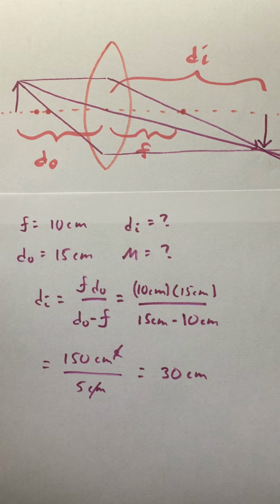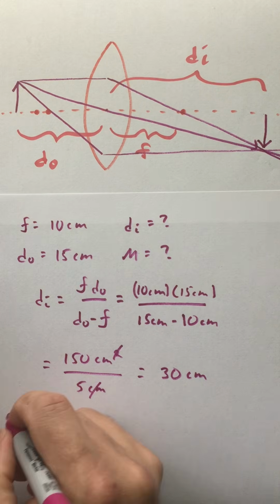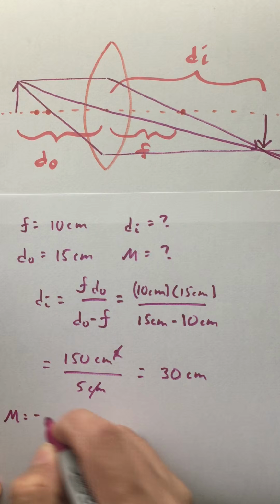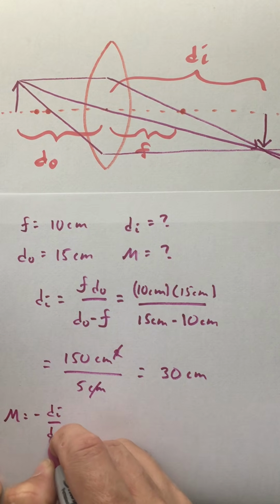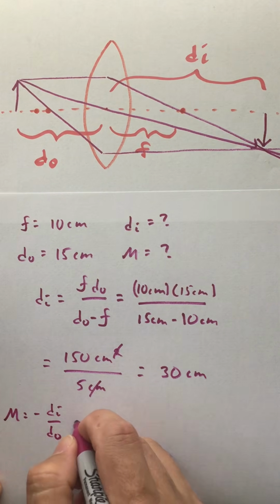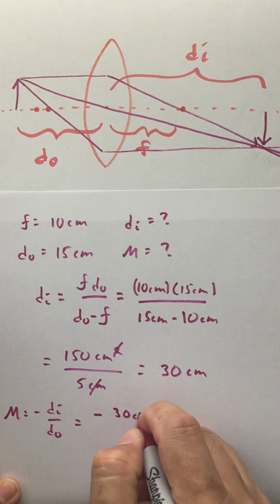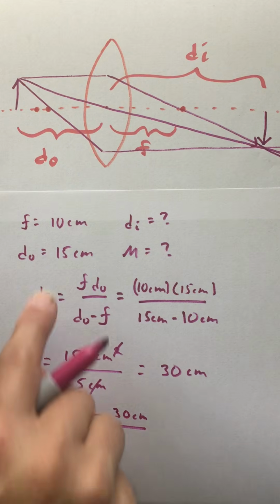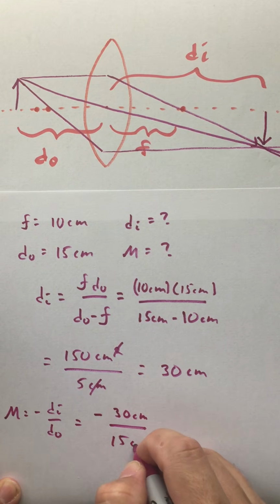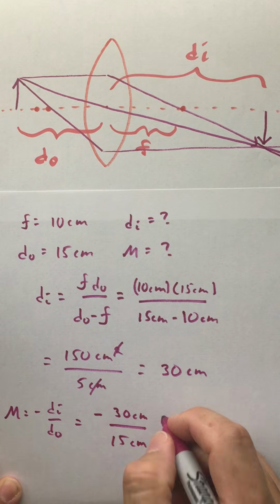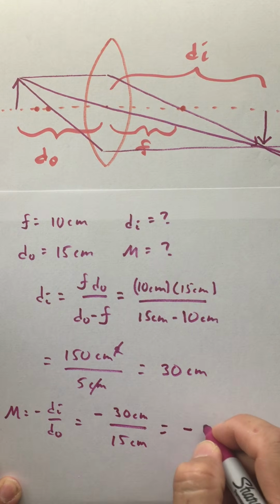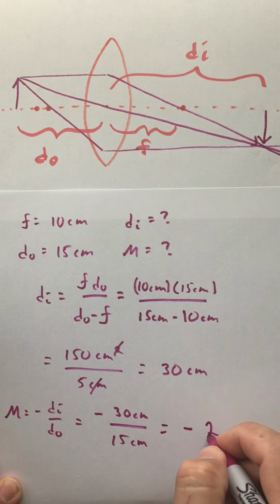Let's do the magnification and see what that tells us. Magnification is going to be minus d to the image over d to the object. That is going to be minus 30 centimeters over distance to the object, which is 15 centimeters. I'm going to get out of that a minus 2.